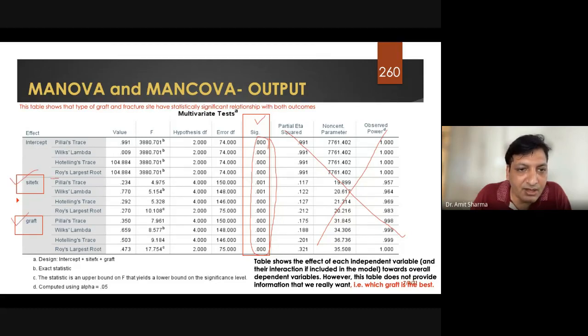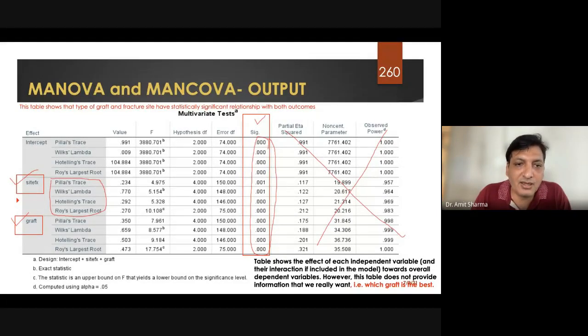And you can see here the names of a few scientists: Pillai, Wilks, Hotelling, Roy's largest root. That means the test has been applied with the help of 4 or 5 different scientists' equations, the equations which were running behind the test.